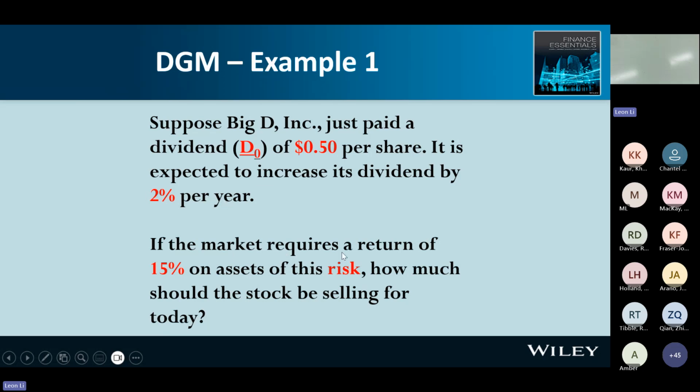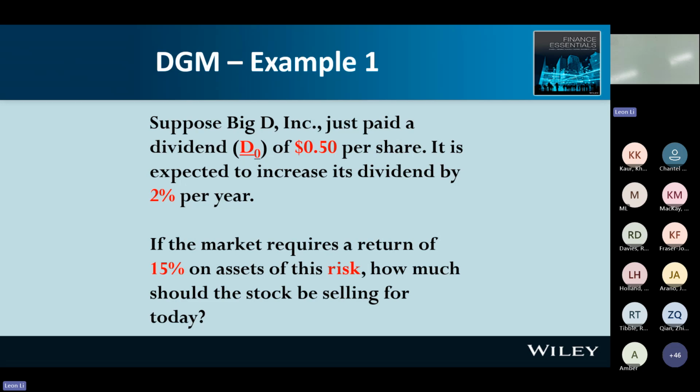The market requires a return of 15% on the stock for the risk. How much should the stock be selling for today? So we have dividend, dividend growth rate, and required return. Then we are able to apply our DGM model.